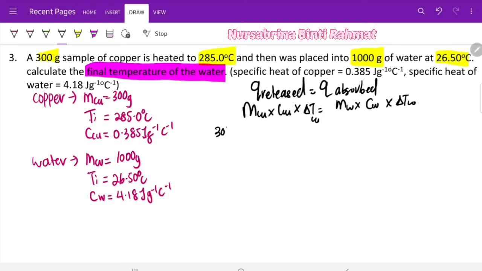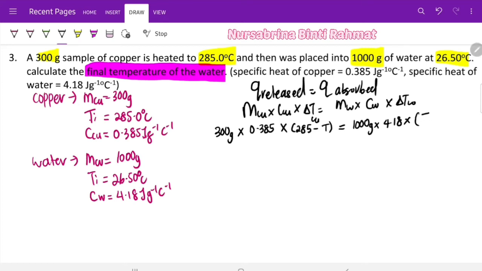So 300 gram multiplied by 0.385 multiplied by, for heat release, the temperature change is the higher temperature minus the lower temperature. The lower temperature is the final temperature, so 285 minus T. Whereas 1000 gram times 4.18, and for your water, it absorbs heat. That means its final temperature is higher compared to its initial temperature.